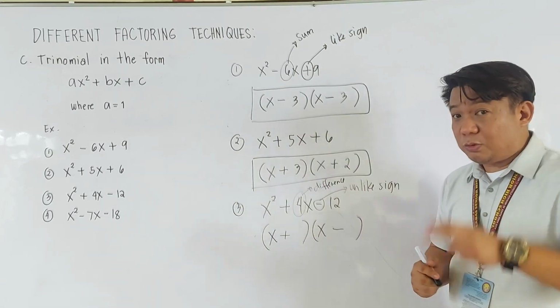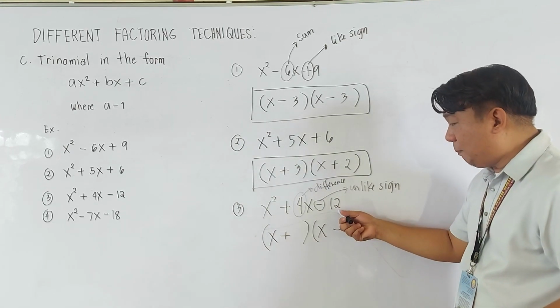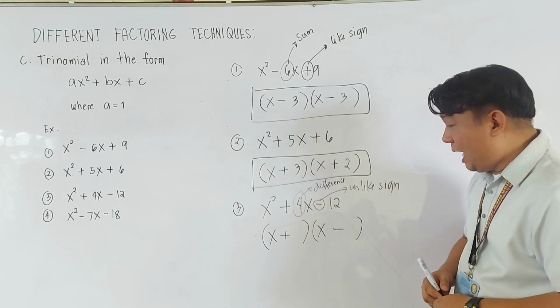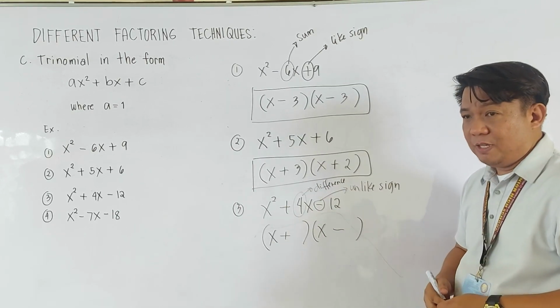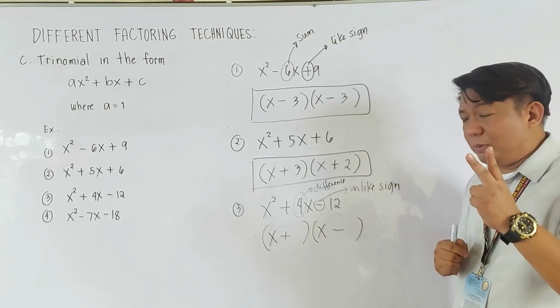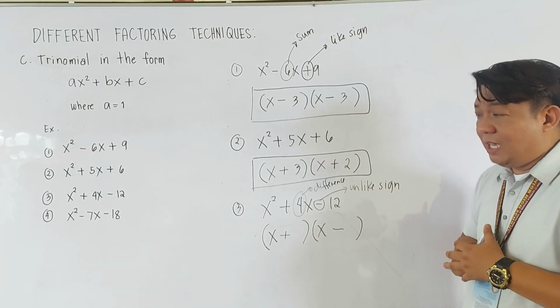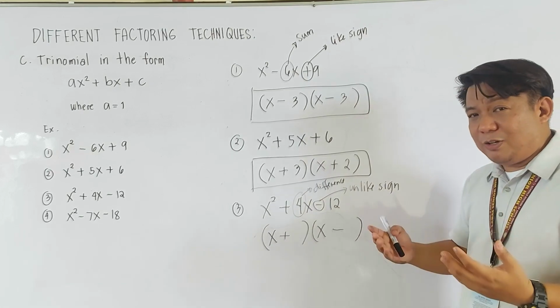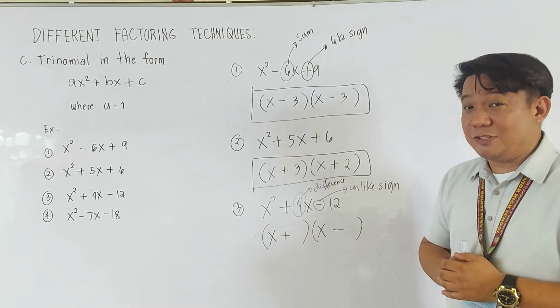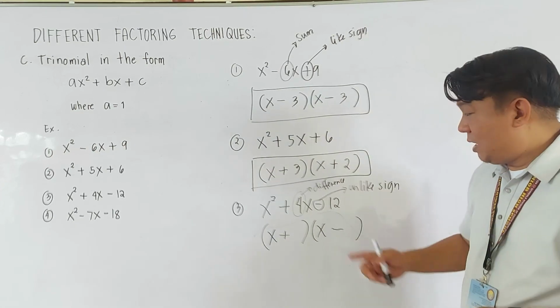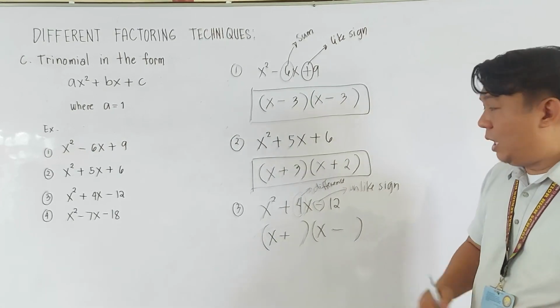Now, let's think two numbers na pag pinag-multiply natin ay 12 at pag pinag-minus naman natin ay 4, kasi difference nga siya. So, ano kaya ang two numbers na pag pinag-multiply ay 12 and pag pinag-minus ay 4? Yes, you're correct. 6 and 2. 6 times 2 is 12 and 6 minus 2 is 4.